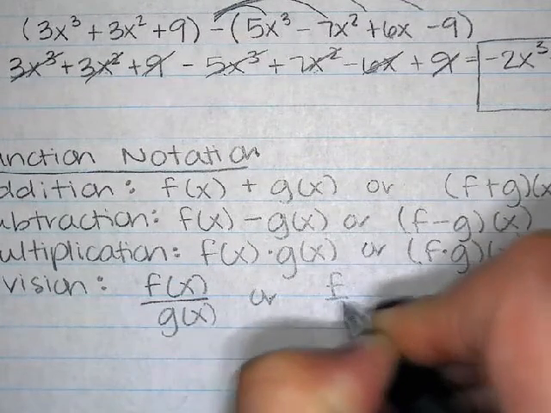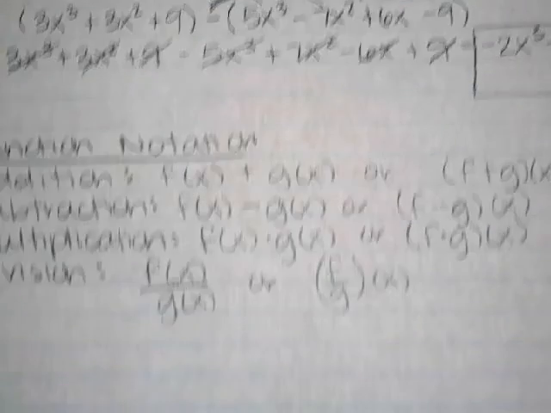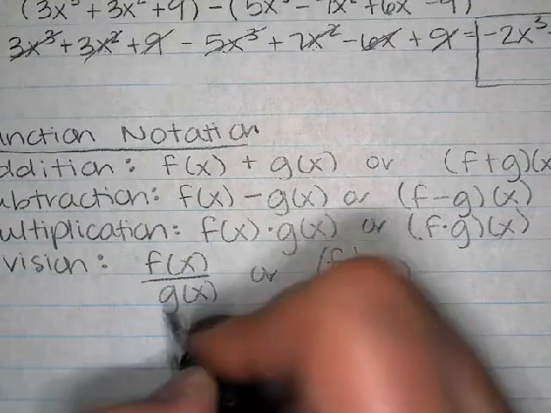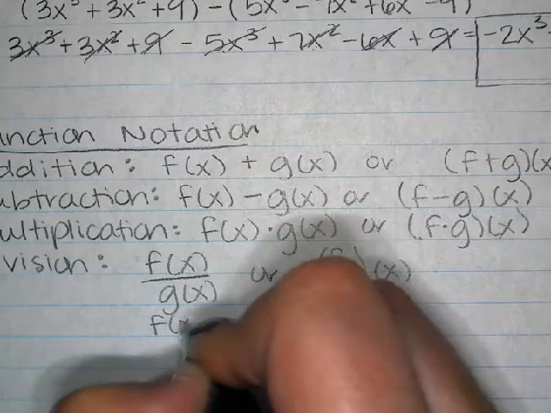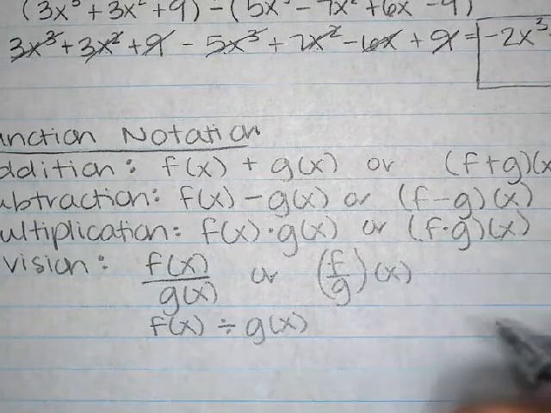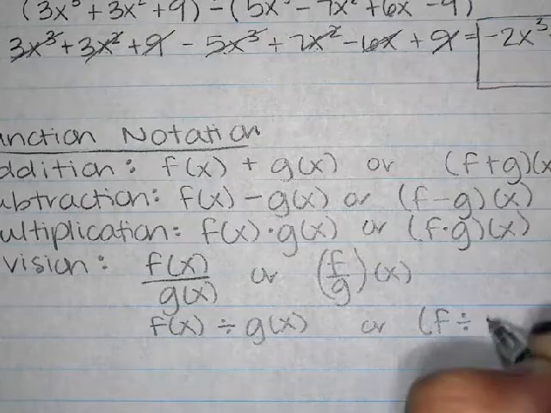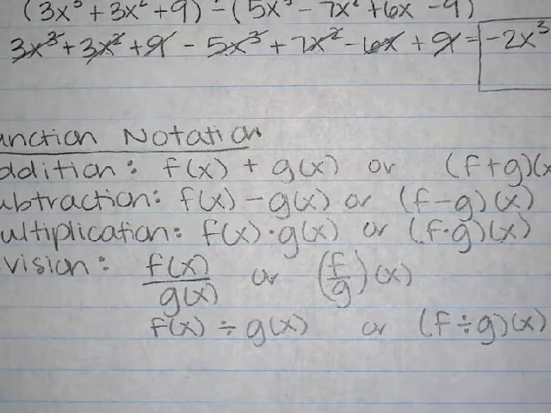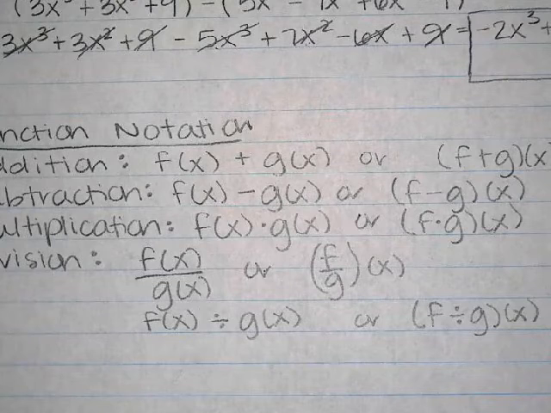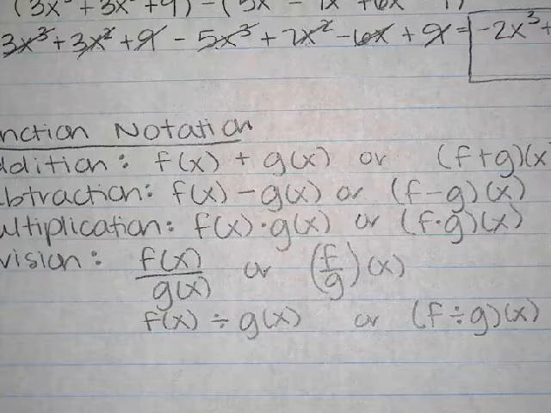Or we could do the version where we use the little division symbol. So we could say f of x divided by g of x, like that. And then the way you could shorthand is you could say f divided by g of x. So division has the most options for how you could write it.